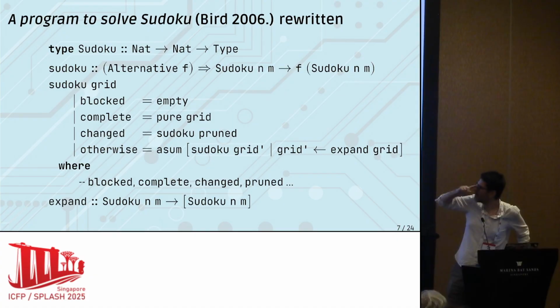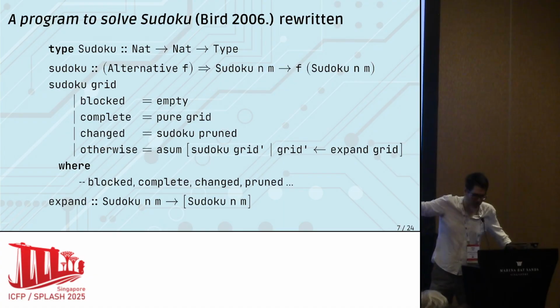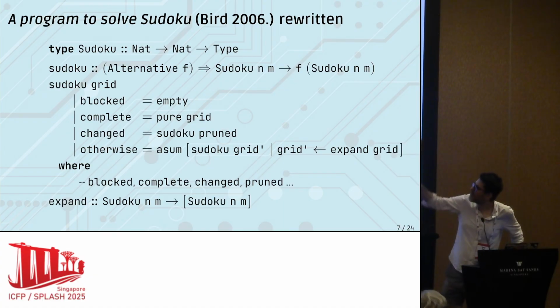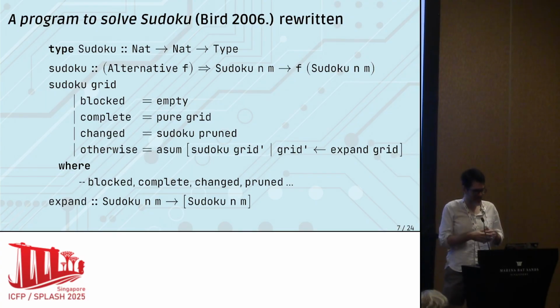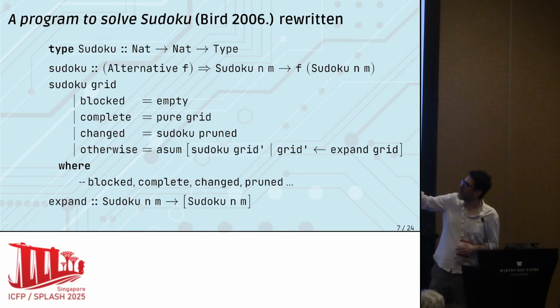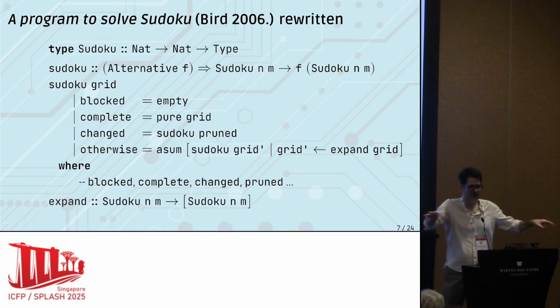Because when we are blocked, when we know that there's a conflict, we just return empty, as this runs in any alternative functor. And then when we need to guess, there's this expand function that gives us all possible guesses that are still consistent with what we know so far. And then we just take the alternative sum over trying all those directions.